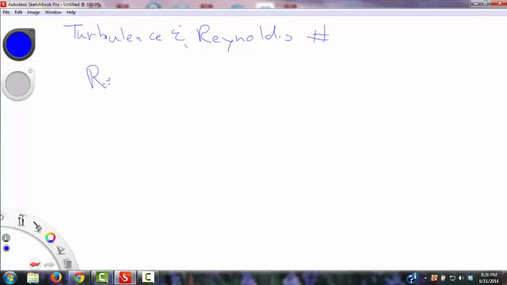So Reynolds number, Re, equals maybe rho V bar D divided by mu. There are a few ways to write this. You may have also seen something along the lines of 2 rho Q R divided by mu A, something like that.